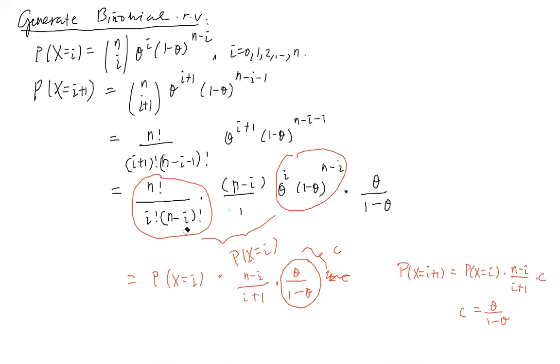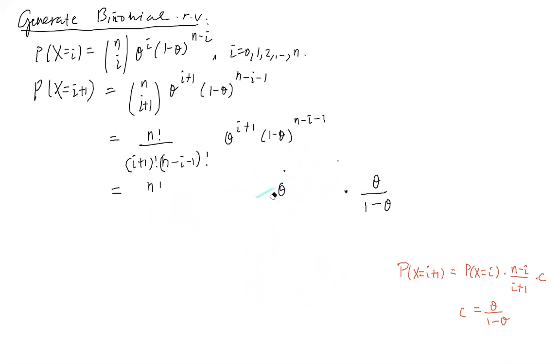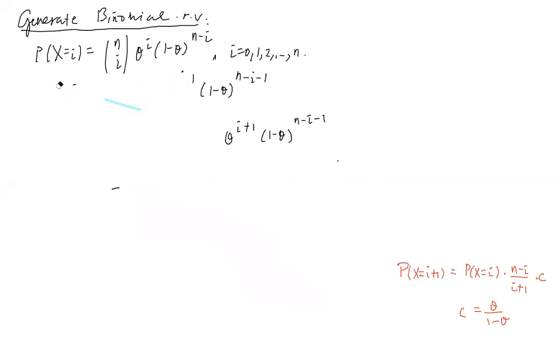Okay, so now once we have established the recurrence relationship, we can actually go through the steps as we did for the Poisson. So again, is on the straight line here. Okay, 0, 1, right?